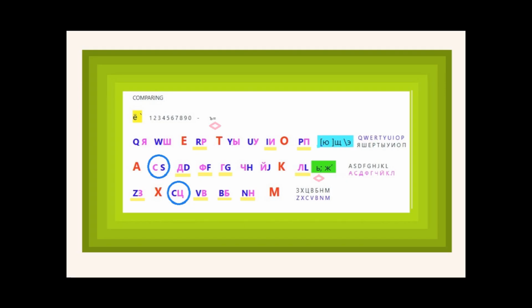starts with English A, Russian A vowel. The next letter is in the circle, in the blue circle. You see blue circles, two of them, one in the second row and one in the third row. Let's look at them now, both. One in the second row stands for English S and Russian С. The sound is the same.